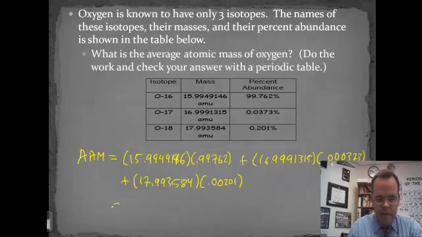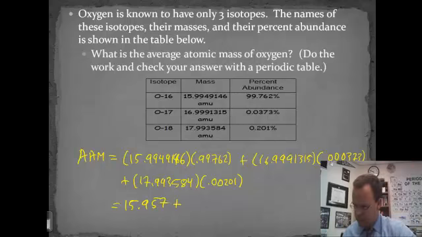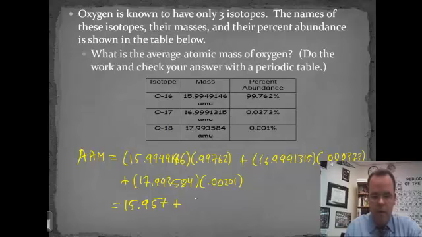The first one, I get 15 point, and we've got 5 significant figures here, 957. Plus, keep 3 significant figures here, I get 0.00634.